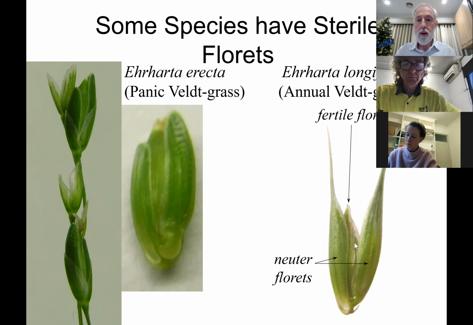And right in the middle is the fertile floret, the one that actually develops a grain. And this is not too uncommon in the grass family, particularly when you go into the tropics.